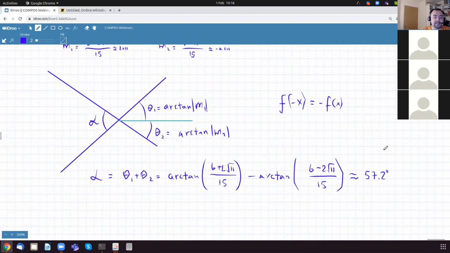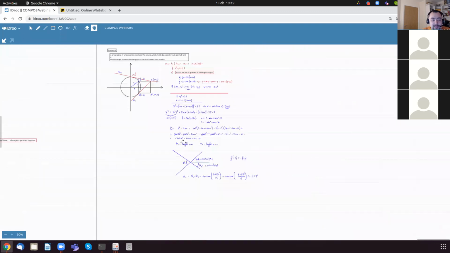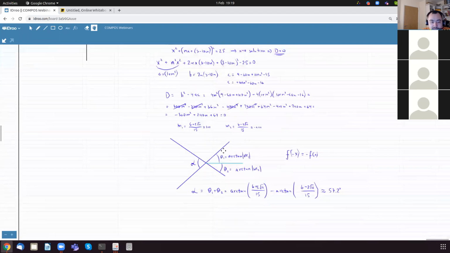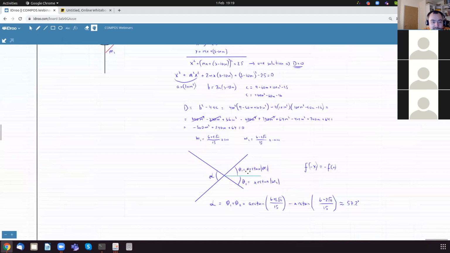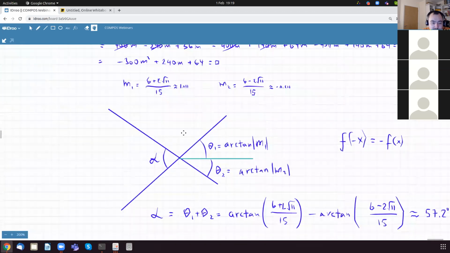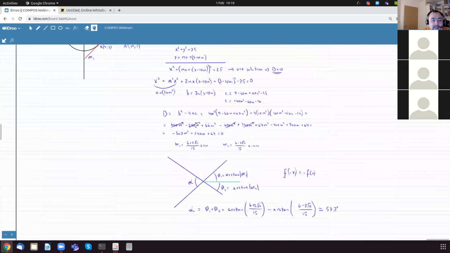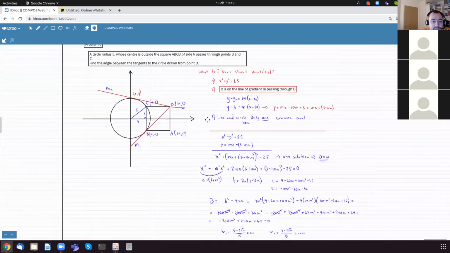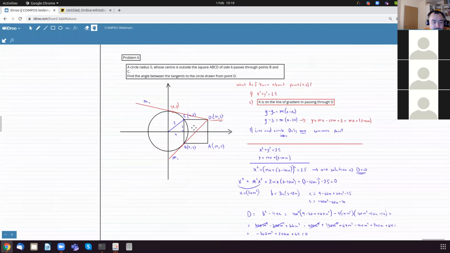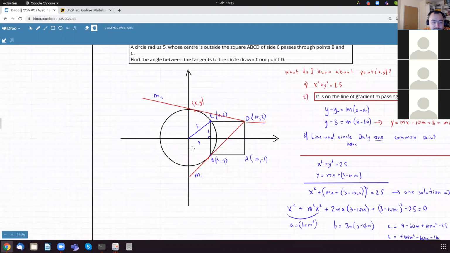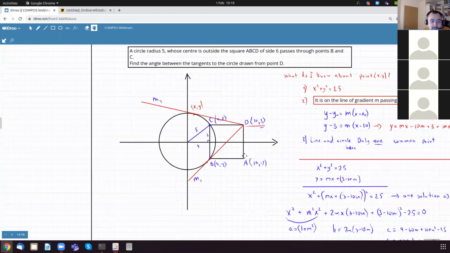Okay, that is this problem. But what I'd like you to focus on is how I figured this out, and how I played around with the square here to find the coordinates of the square.